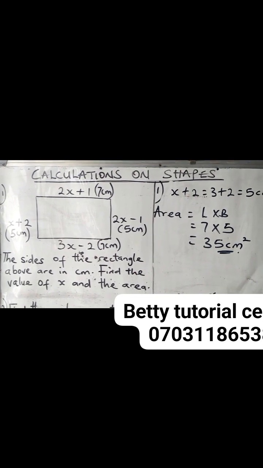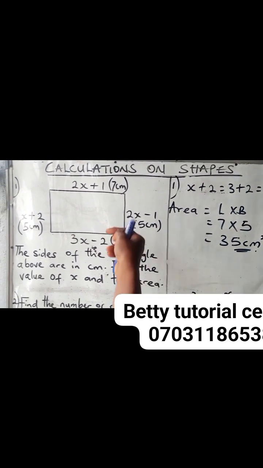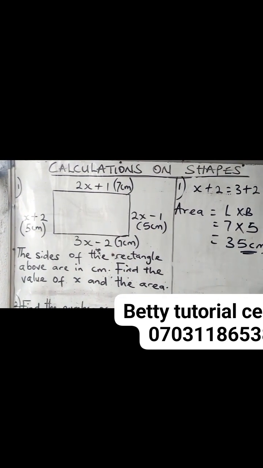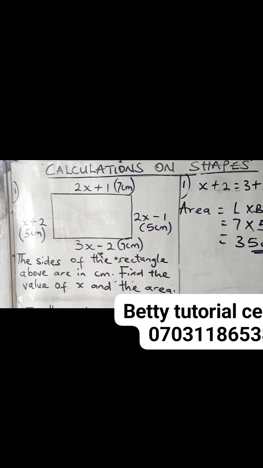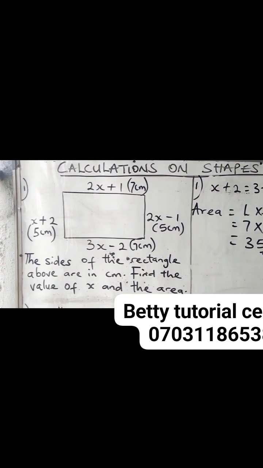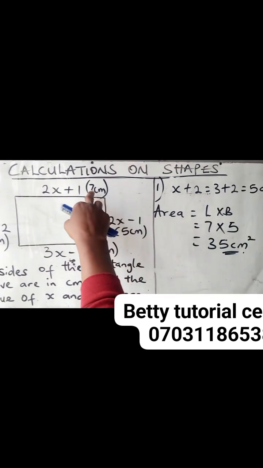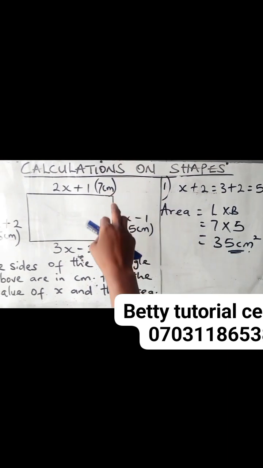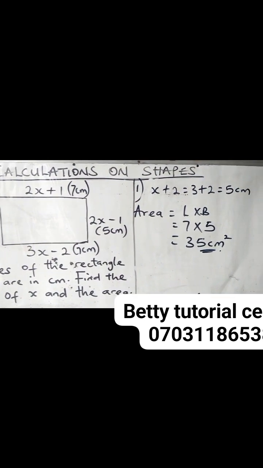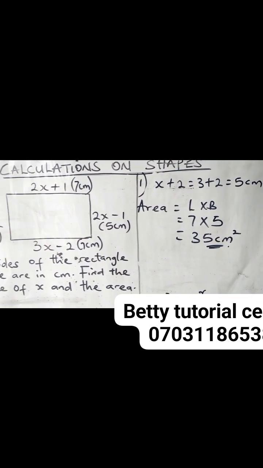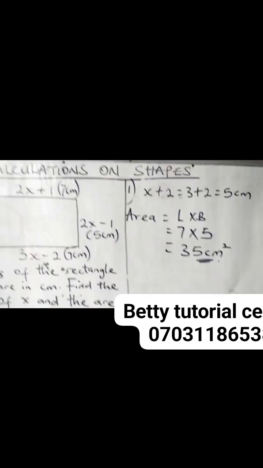Now you need to substitute 3 in place of x so that you can have values for the whole sides. Having found the whole sides, it makes it very easy for us to calculate for the area. All we need to do is substitute 7 for the length, then 5 in place of breadth, because the area of a rectangle is length times breadth. And now we are done calculating. We've gotten our answer, 35 centimeter square.